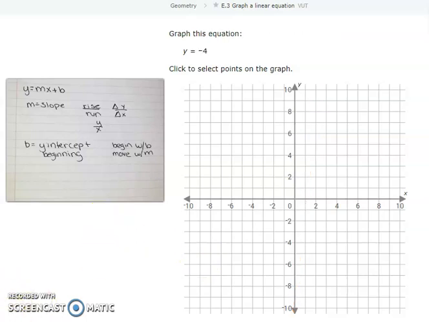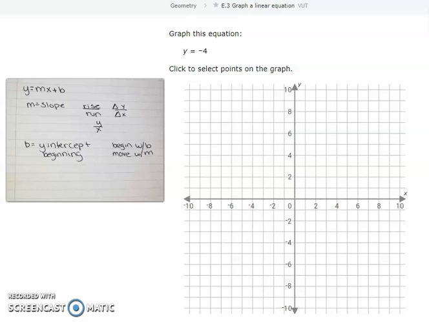Graph this equation. Y equals negative 4. Now, this equation should look different than what any of your other equations look like, because when you look at this, there's no x in this equation, which means this doesn't have a slope. So just like we don't include 0 when we're starting from 0, 0, we also don't include 0 if the equation has a 0 slope.